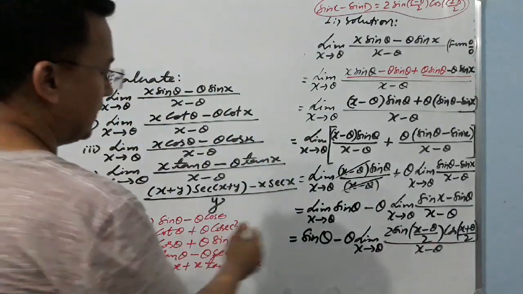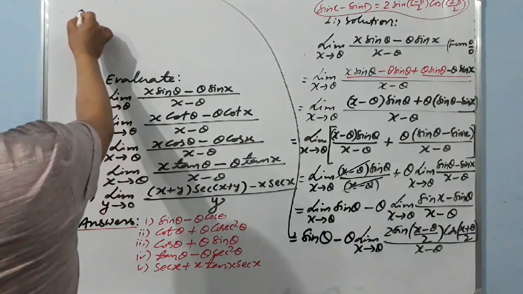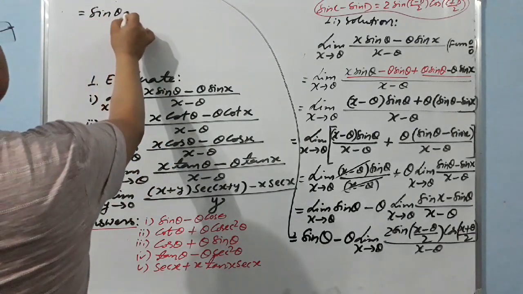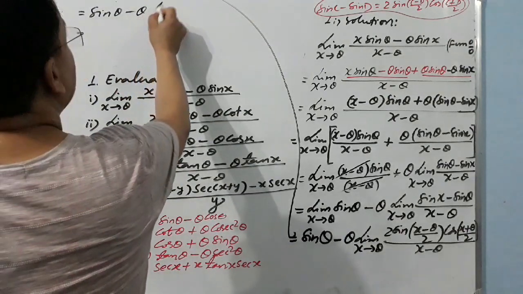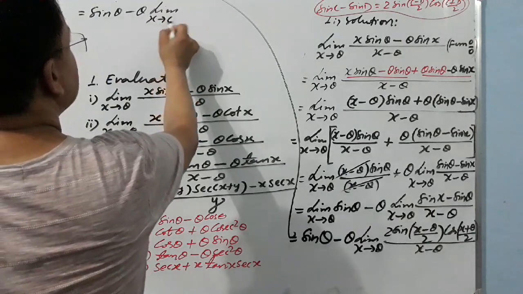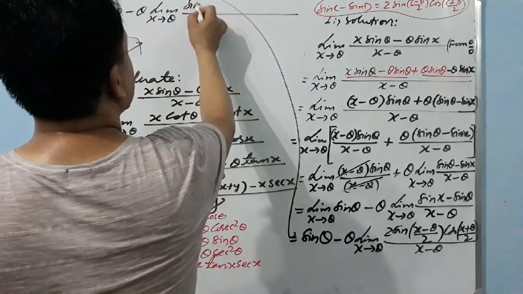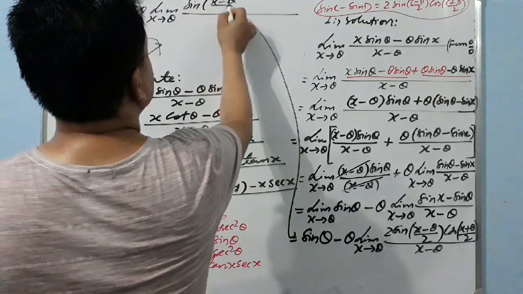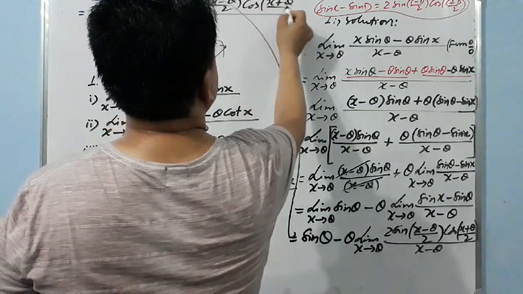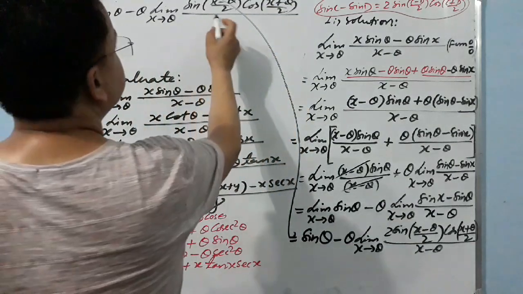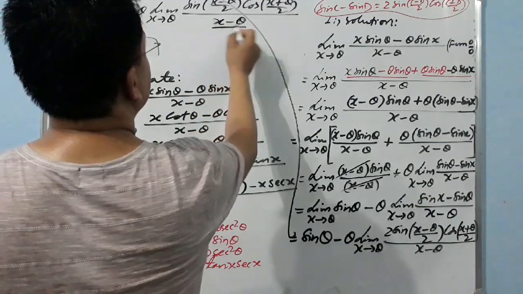So after this, this is equal to sin theta minus theta, limit as x tends to theta. See very carefully this line: sine of (x minus theta)/2 and cos of (x plus theta)/2, over whole, upon x minus theta upon 2.